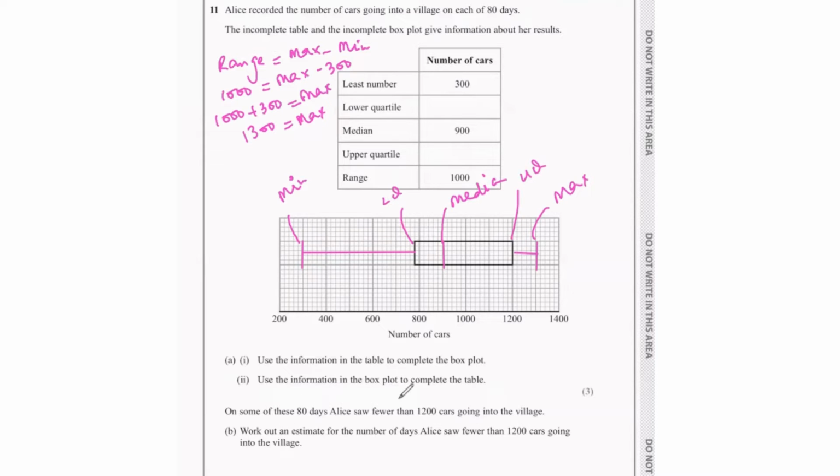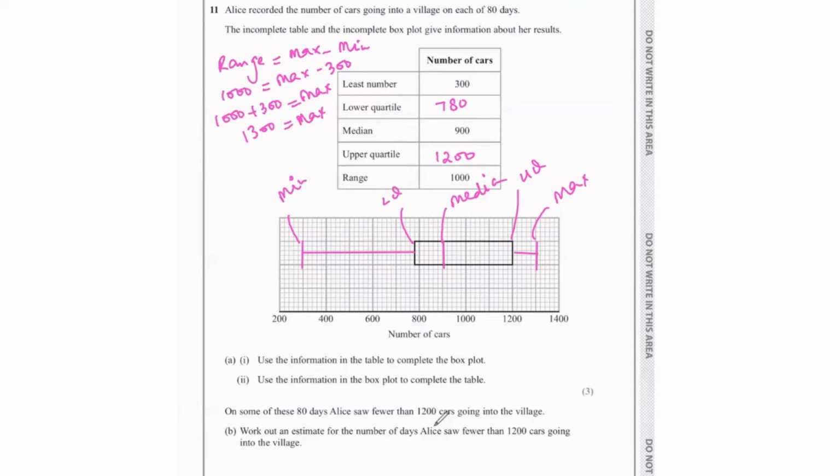Use the information in the box plot to complete the table. So your lower quartile is going to be 780. And your upper quartile is going to be 1200. Then it says on some of these 80 days, Alice saw fewer than 1200 cars going into the village. Work out an estimate for the number of days Alice saw fewer than 1200 cars going into the village.